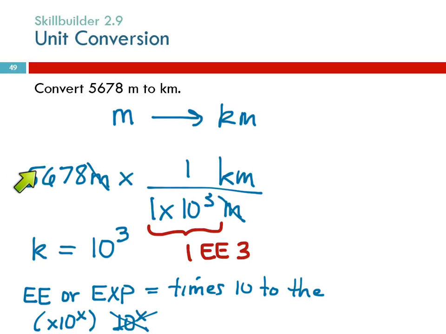So doing this problem, you're going to put in 5, 6, 7, 8 times 1 if you like, divided by 1 EE3 equals. And that should be 5.678 kilometers. Is your calculator giving you the correct answer? If it's not, you're not communicating with it properly.